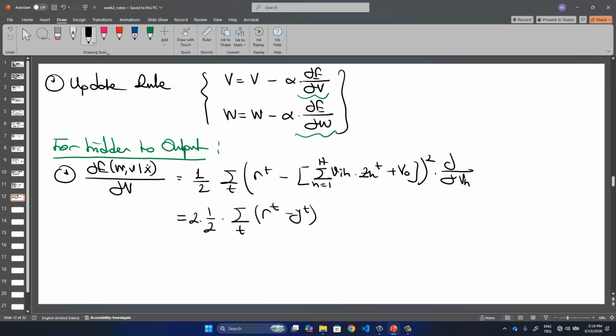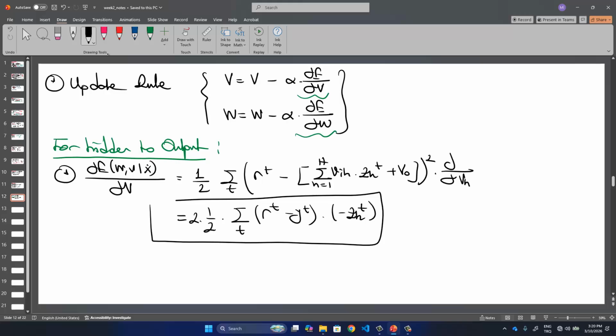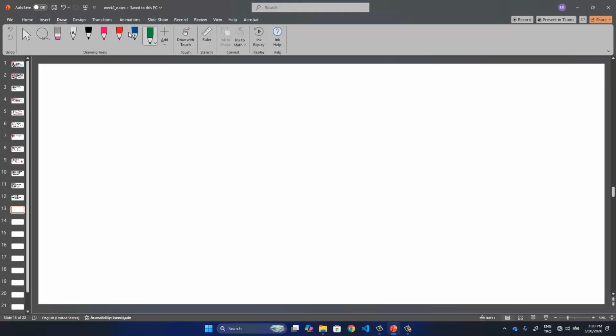This is a derivative rule, okay? And so the inside derivative should be applied in here, times minus z_h^t. Okay, this is the rule. R is the value we want to reach, right? Yes, target values.